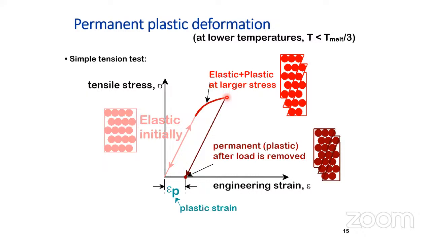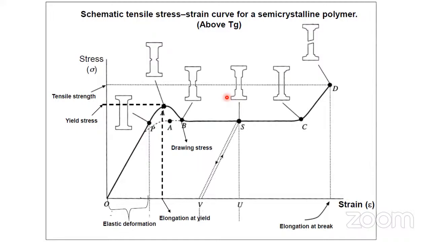So this is all about the elastic deformation, plastic deformation, and permanent plastic deformation of polymeric material. Here, to better understand the part, we have presented it with the help of a dumbbell-shaped material.